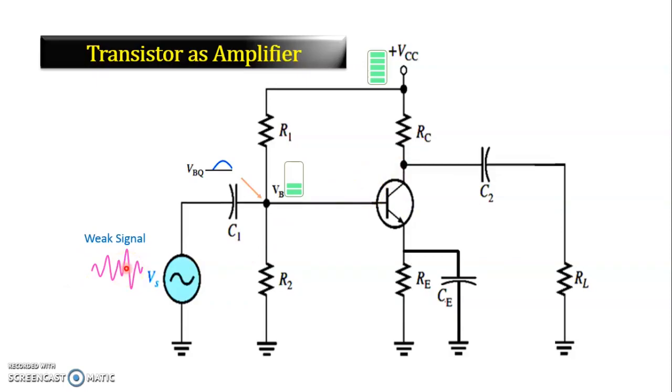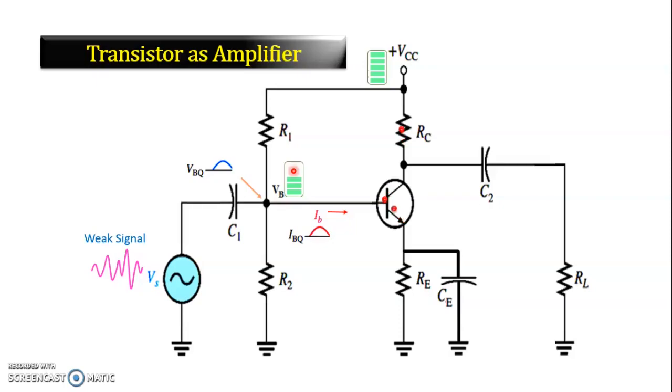Let us consider that during the positive half cycle of the input signal, VB voltage will slightly increase and hence IB current will increase, which means the electrons from the emitter will travel toward the base terminal.